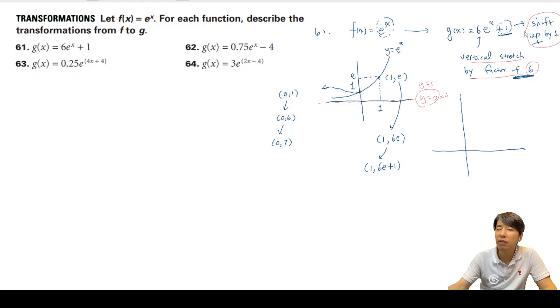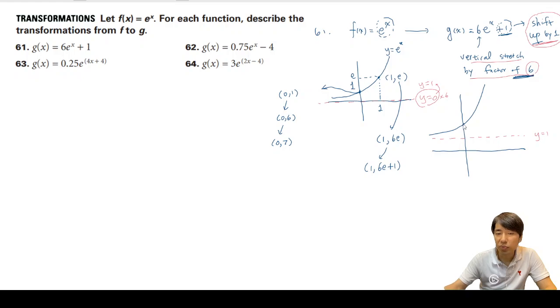But if you add 1, it's a different story. Okay? 0 changes to 1. So anyway, y equals 1 is a new horizontal asymptote here, y equals 1. And then your graph is vertically stretched, so it's like this.